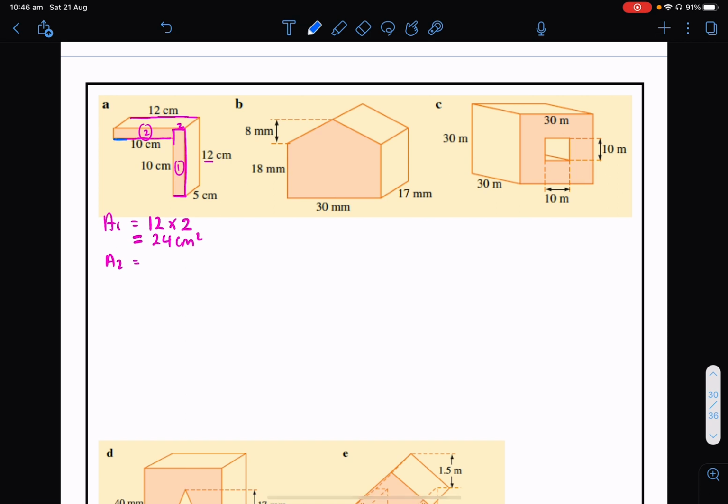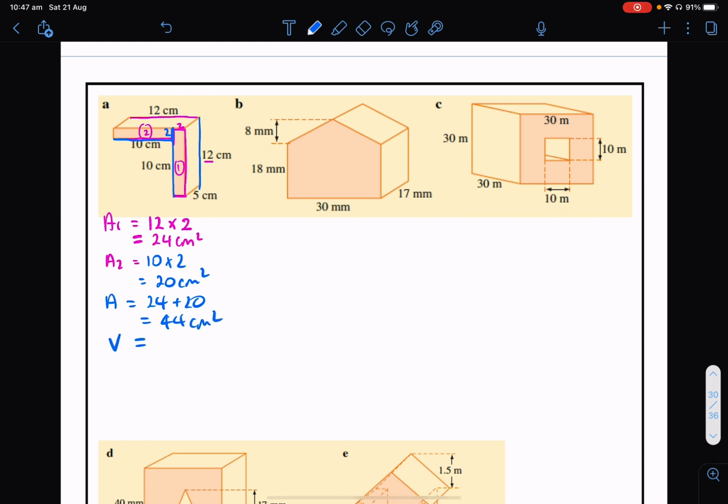So it's going to be 10. And again, I can see that I need to work this part out. If this side is 12 and this side is 10, that's going to be 2 again. So that's going to be 10 times 2 this time, which will give me 20 centimeters squared. So my total area is going to be 24 plus 20, which will give me 44 centimeters squared.